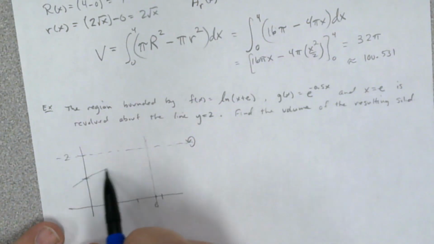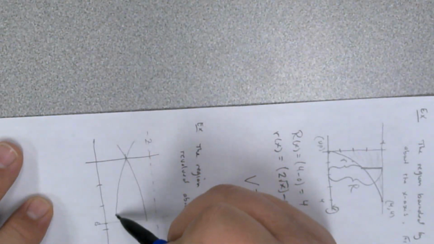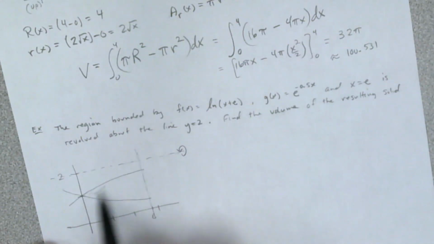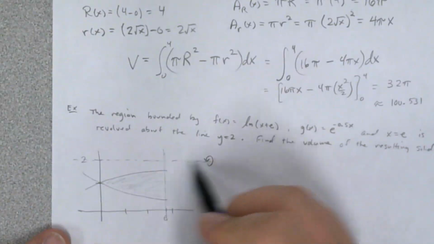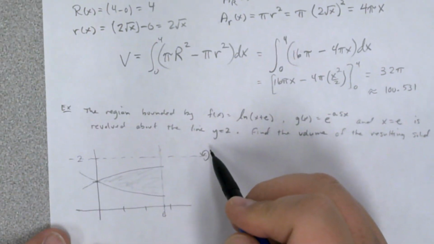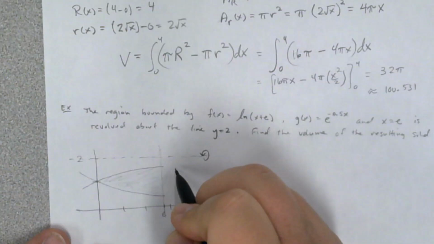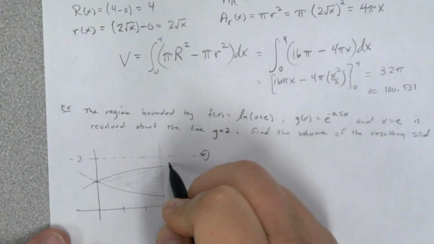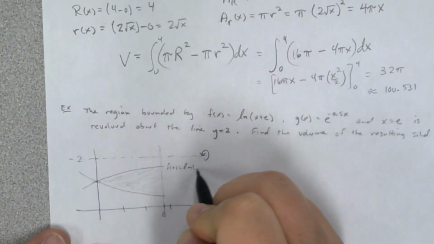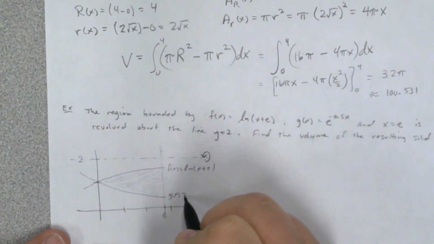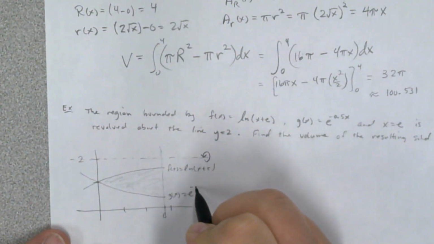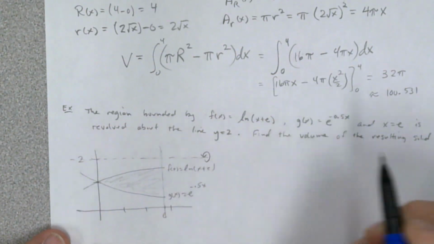So one curve does that, the other curve, the exponential, does this. And this is my region in here. And we're going to revolve this region about this line. So this one up here is the log, so this is the f of x, the natural log of x plus e, and this one right here is the g of x, which is e to the negative 0.5x.